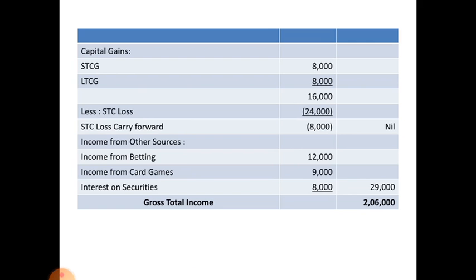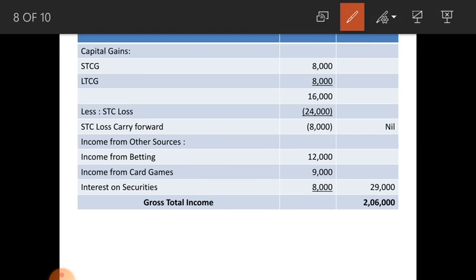Next, see capital gains you have to write. First one, short term capital gain is there 8,000. Next one, long term capital gain 8,000. The total of these two amounts to 16,000. There is capital gain of 16,000. From that, if there is any short term capital loss, you can deduct it. In this problem, there is short term capital loss of 24,000.